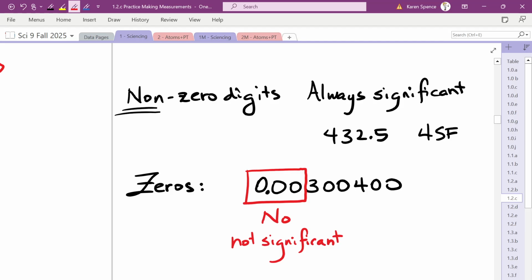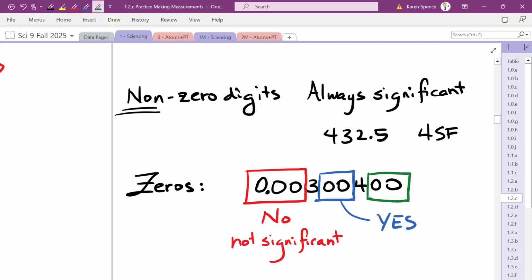If you have zeros in the middle, in between non-zero digits, yes, they are significant. And then these are the really tricky ones. So no is pretty easy, yes is pretty easy. And our last category are zeros at the end.